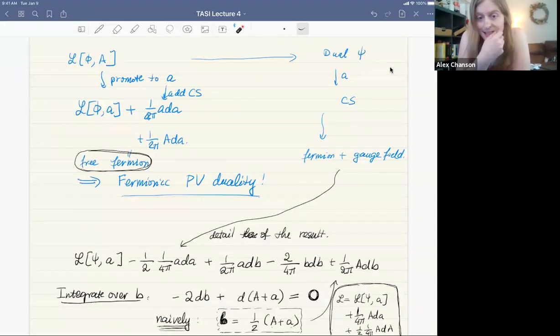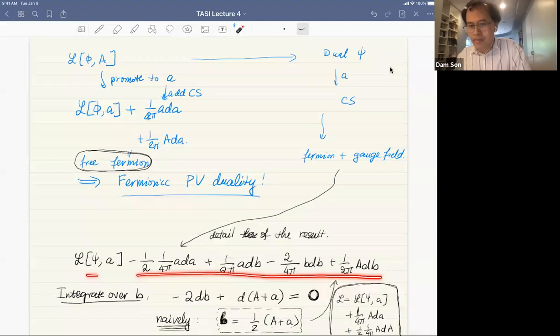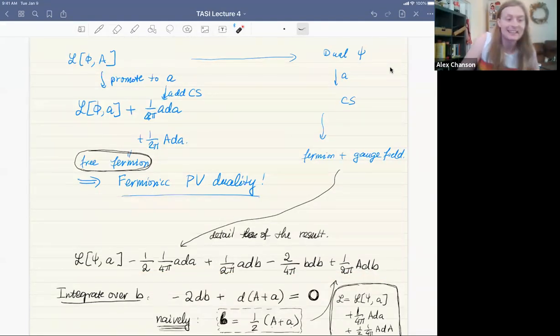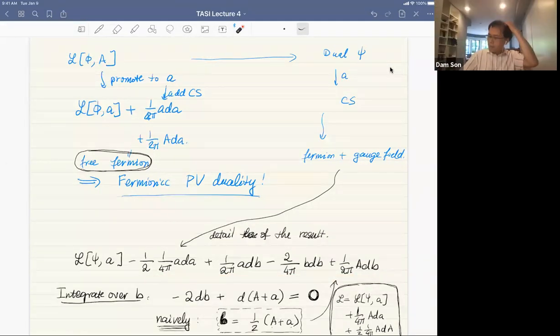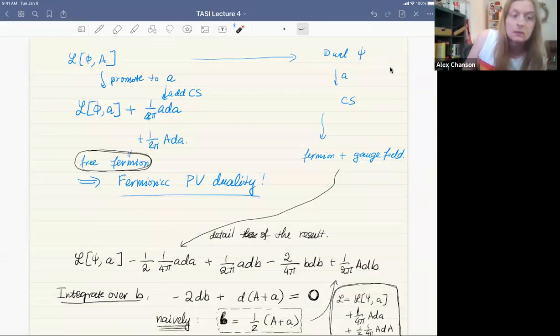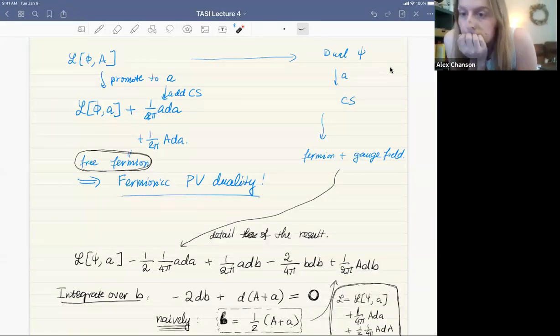I guess what I'm asking is, do you have a physical interpretation for these last four terms? This term? Or which term? Yeah, exactly, those four. Is there a physical analogy, just from first principles, on the lattice?